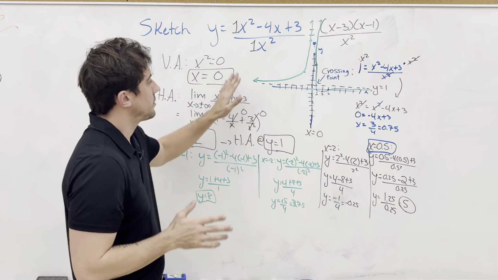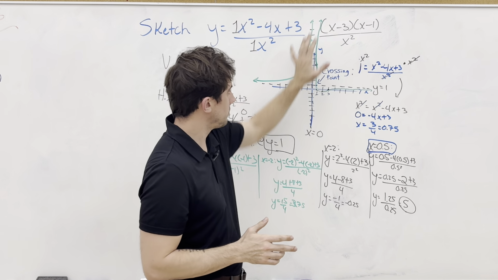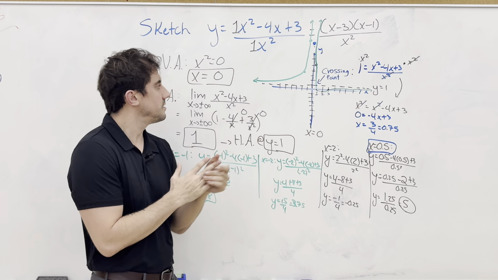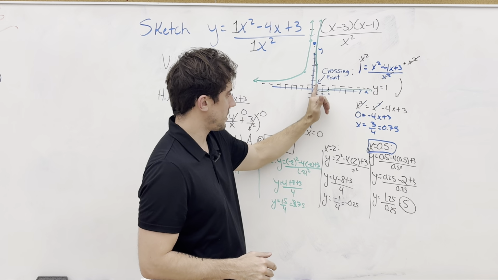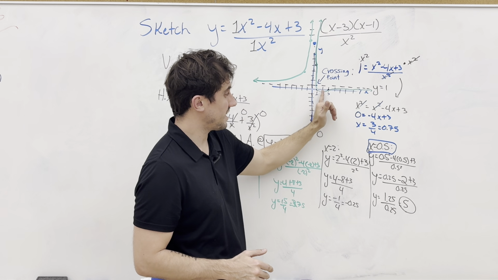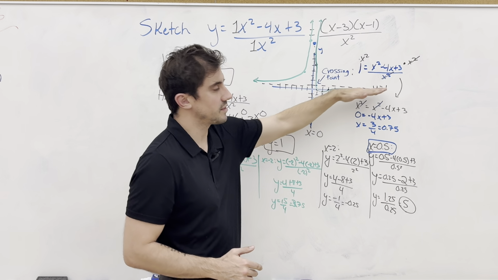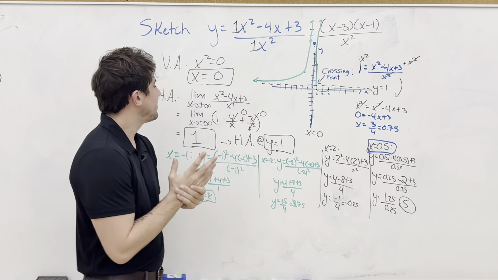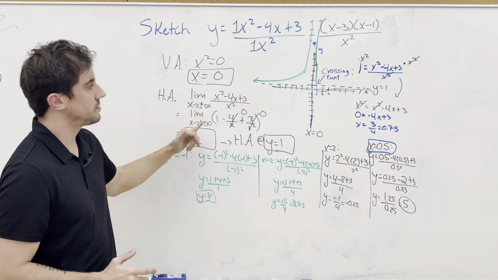And in any case, the rest of the behavior is more along the lines of what you've seen in past examples, I'm guessing. But we do cross that horizontal asymptote, even cross the x-axis, and then we trail off just below our horizontal asymptote at y is equal to 1 as the x values approach infinity.